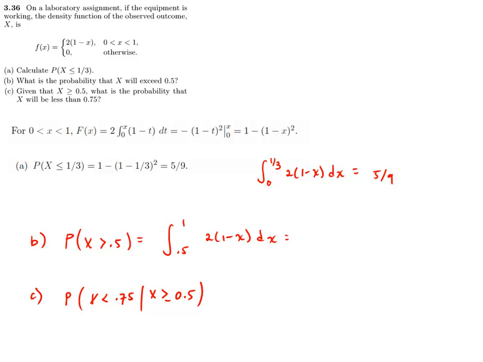So if we change that to looking at the functions, we're thinking about the functions now. And this is a good problem for understanding the concepts.